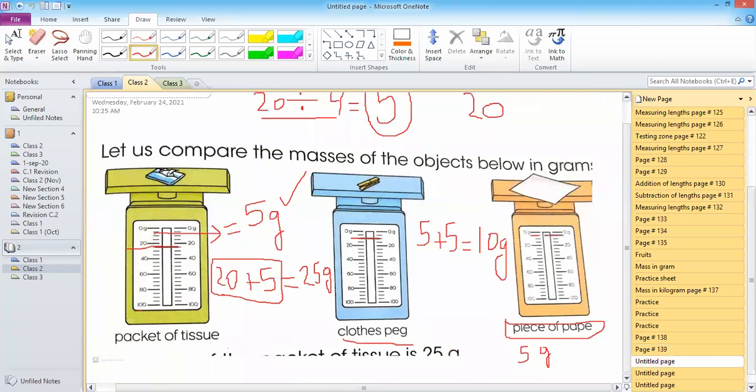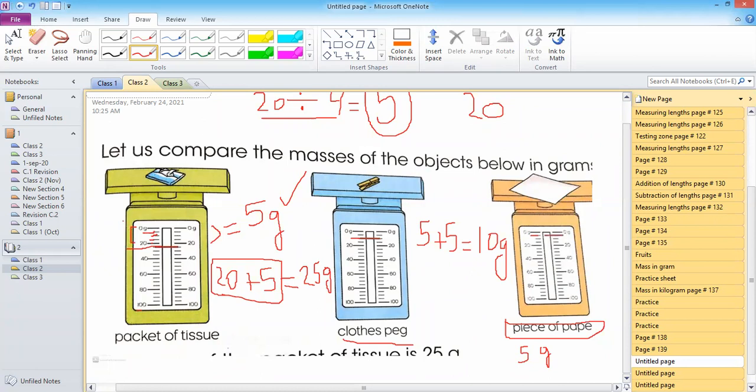And you have to find out this one interval is equal to how many gram. This is very important. How will you find out? You will check from 0 to 20. How many small intervals are there? 1, 2, 3, and then 4. There are 4 intervals. And from 0 to 20, how many total grams are there?